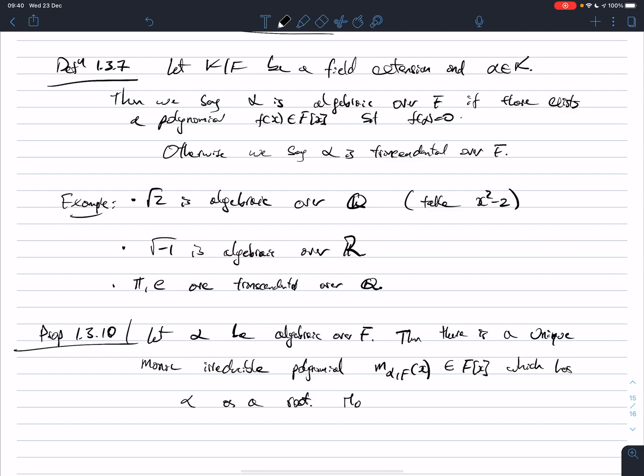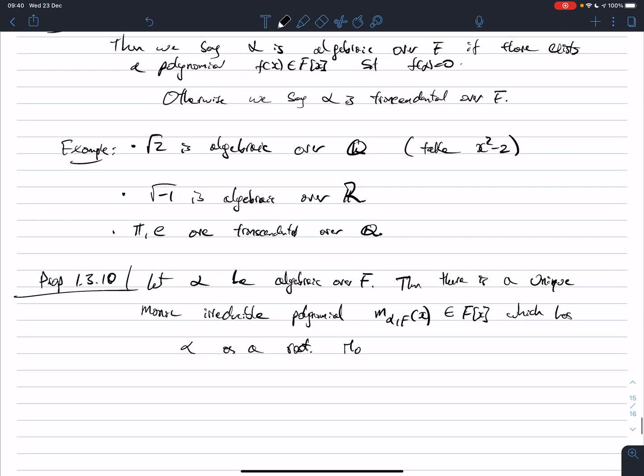Moreover, because I'm going to take it to be the smallest one, it has the following property. Moreover, m_alpha,F of x divides any other polynomial, it will divide any other polynomial which has alpha as a root.